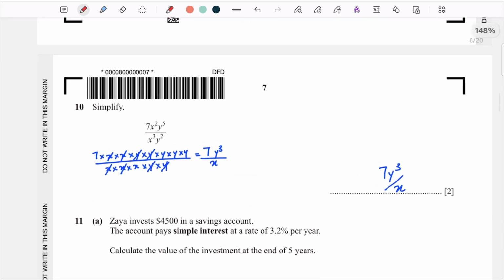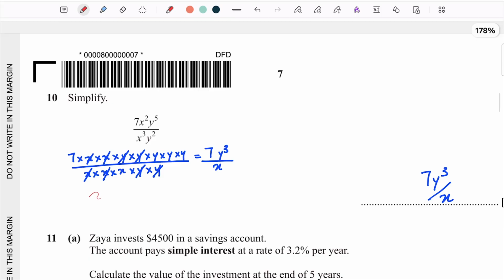This question can also be solved by using indices rules. 7x squared, when we bring x in the denominator to the numerator, the power will become negative. x to the power minus 3, y to the power 5. When y is shifted from denominator to numerator, the power will become negative 2.